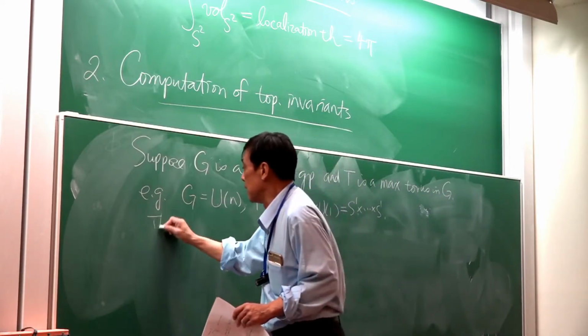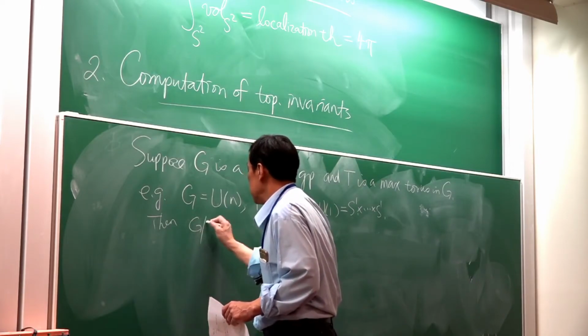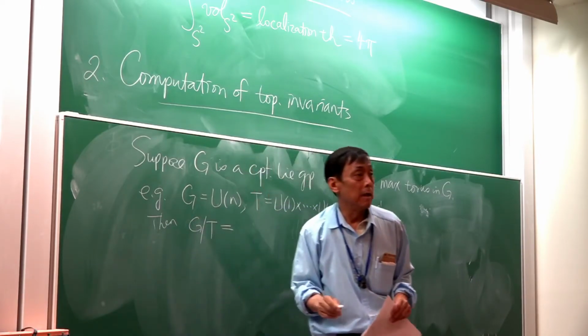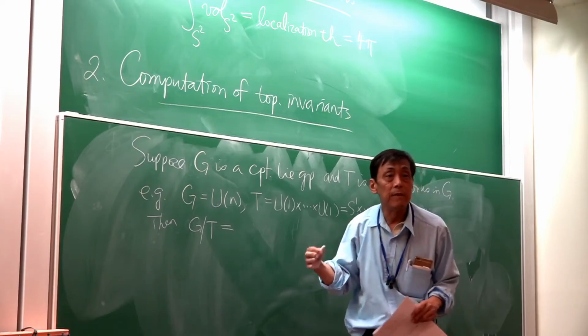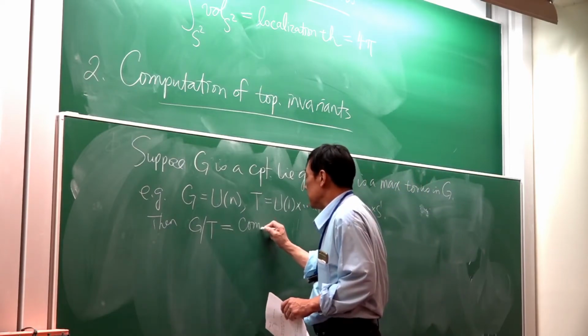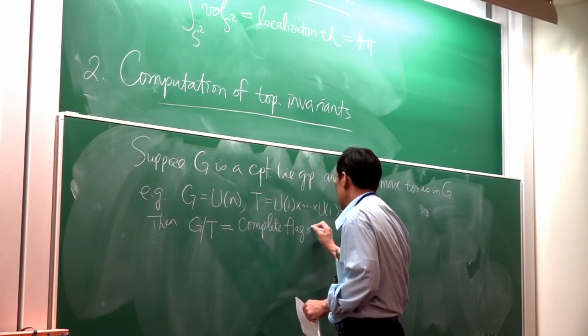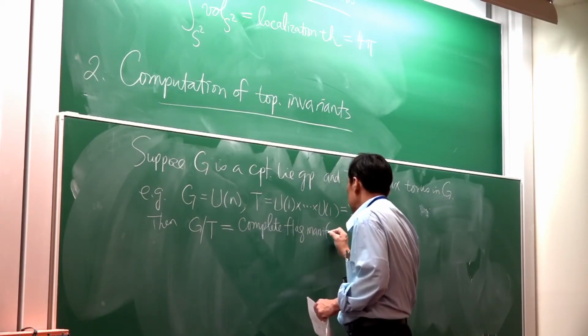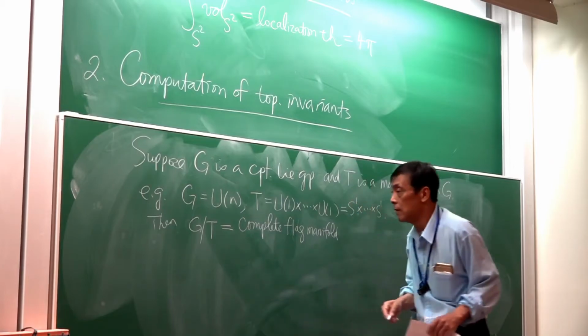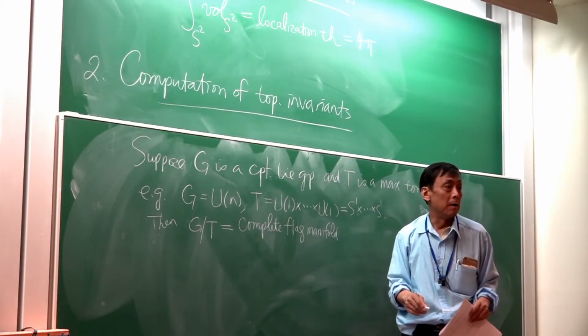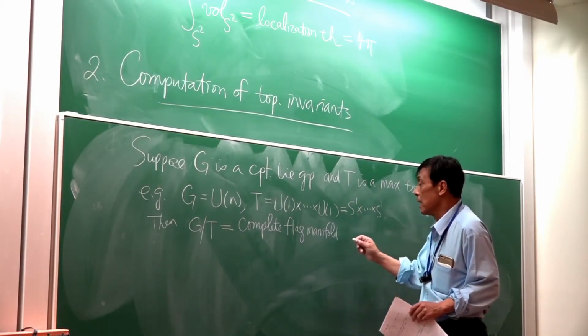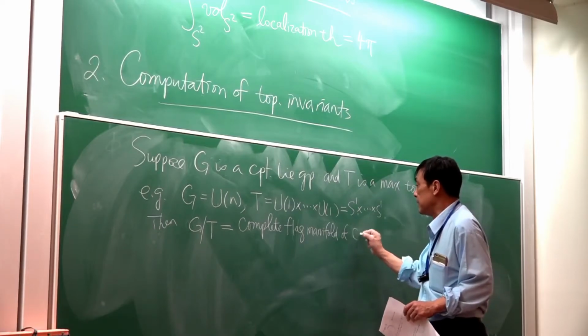Then G mod T is the complete flag manifold of Cn.